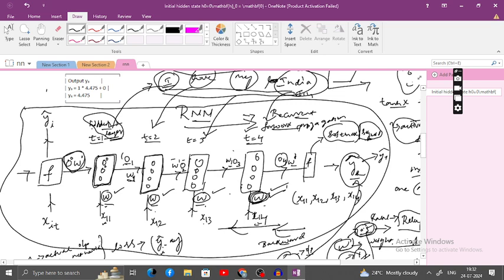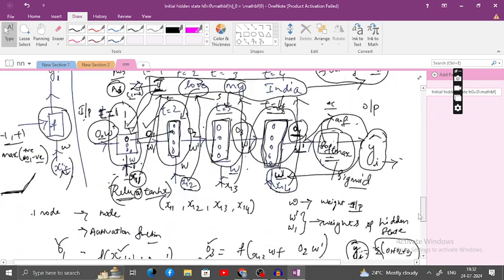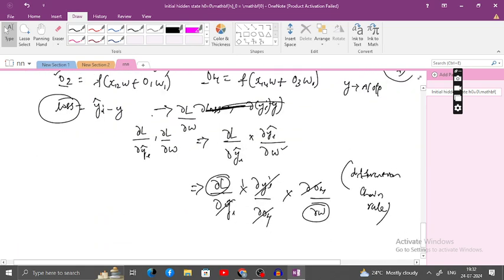In the backward direction, I will update O4, W, W dash, everything, one by one. This updation happens during back propagation.